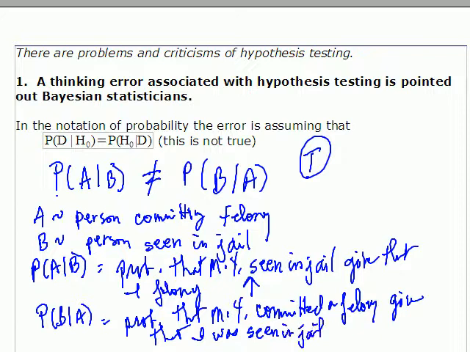Okay, what's that probability? It's actually very low. There's many reasons a person could be in jail. They could work there, they could be visiting there, it could just be a misunderstanding, right? Of course, it's always a misunderstanding, but so there's many reasons you could be in jail besides committing a felony. So the probability that I committed a felony given that I was seen in jail is very low, and these definitely are not equal to each other.